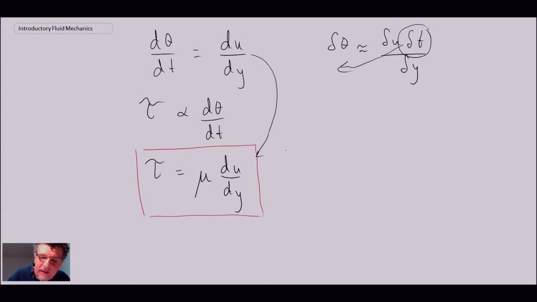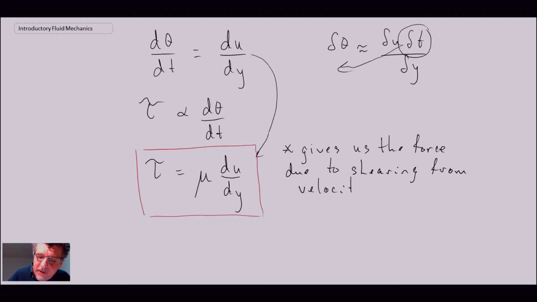And what this does is it gives us the force. Actually, it's stress, but assuming it's over a unit area. So the force due to shearing from velocity.